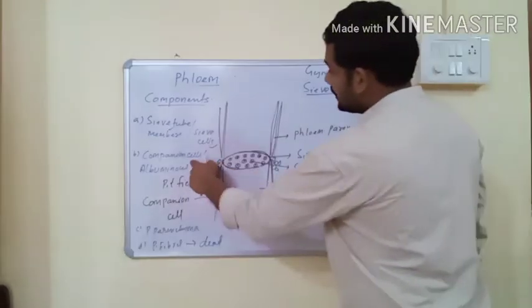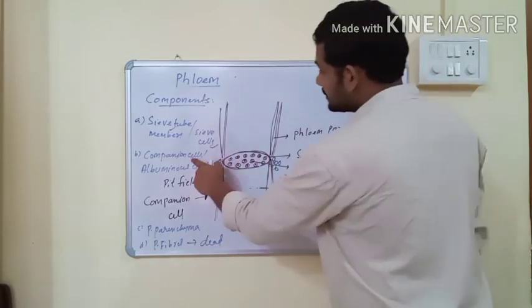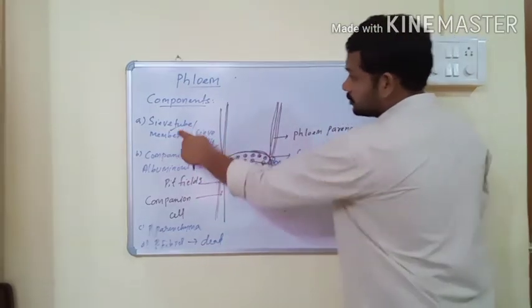And the second component is companion cells. Companion cells are always associated with sieve tube members.